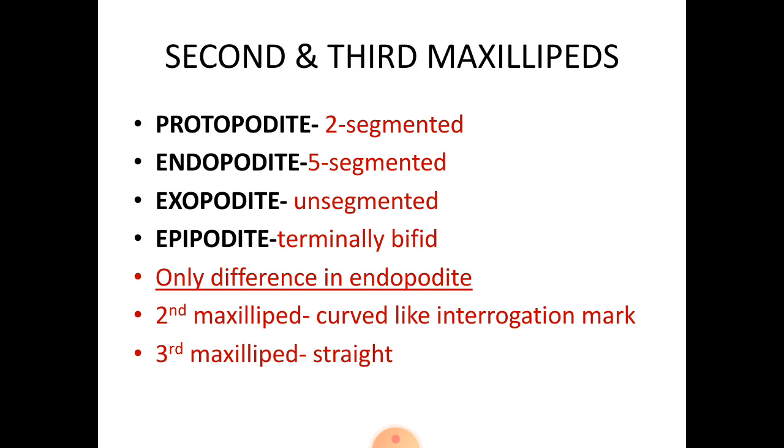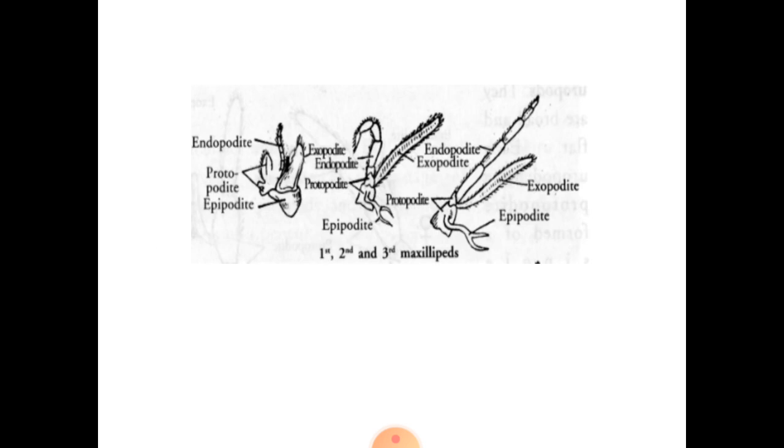The second and third maxillipeds consist of a two-segmented protopodite, a five-segmented endopodite, an unsegmented exopodite and a terminally bifid epipodite. The only difference in these two appendages is in the endopodite. The second maxilliped has a curved endopodite like a question mark, and in the third maxilliped it is straight.